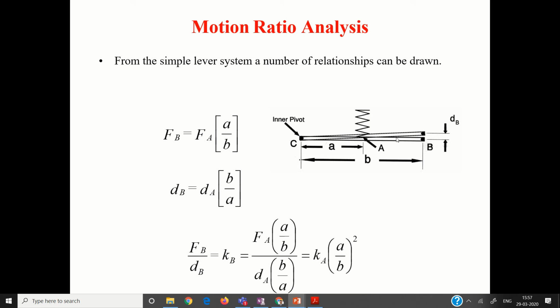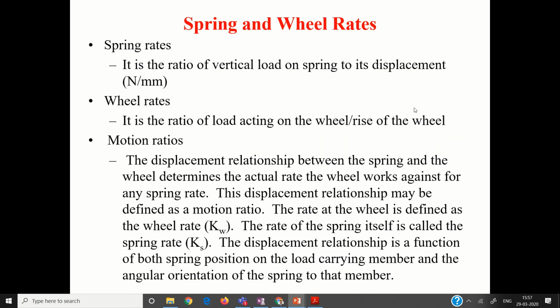Here you have the spring, and here we'll have the tire. So when you apply this force, how much will it rise? Load acting on the wheel divided by rise of the wheel, that we call wheel rate.